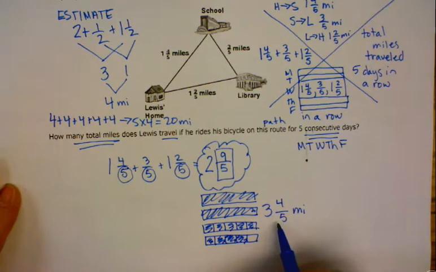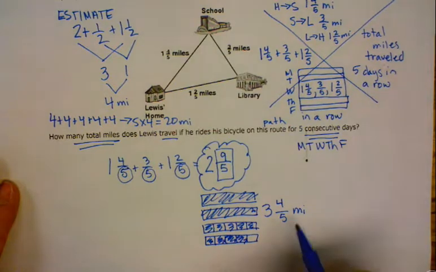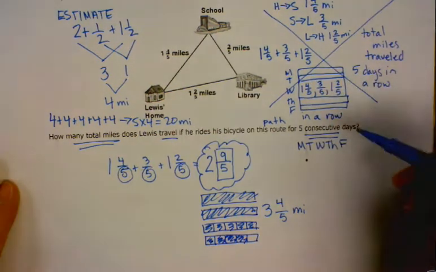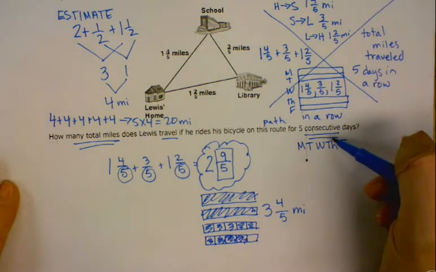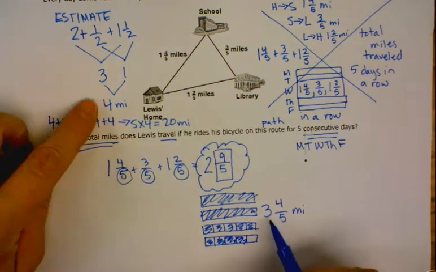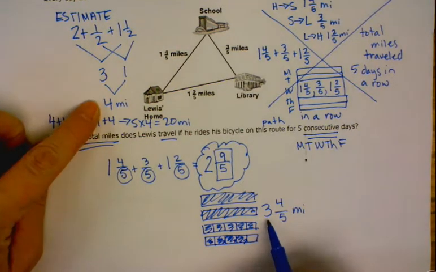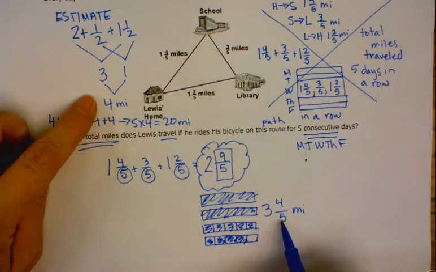And I almost forgot again. I'm not done. This is just 1 day. This is just Monday. But he did this for 5 days. But I feel pretty good so far because 3 4/5 is pretty close to 4.